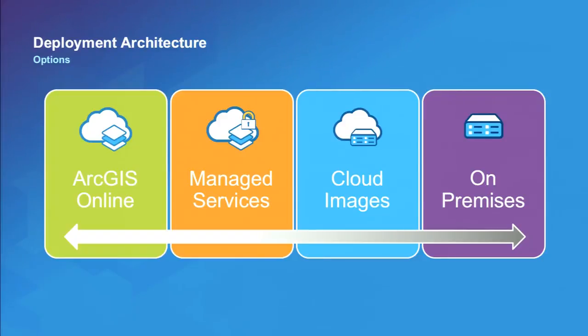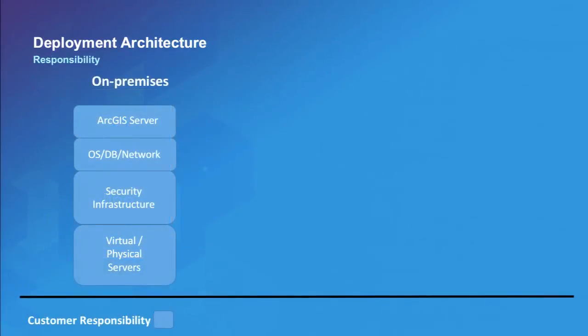Cloud images: if you've heard of Amazon Machine Images, or AMIs, we have those for Amazon Web Services, and we also have images for Microsoft Azure. That means you can spin up server instances of server or portal and manage those yourself. And last but not least is on-premise implementation, where you spin up the product in your own infrastructure.